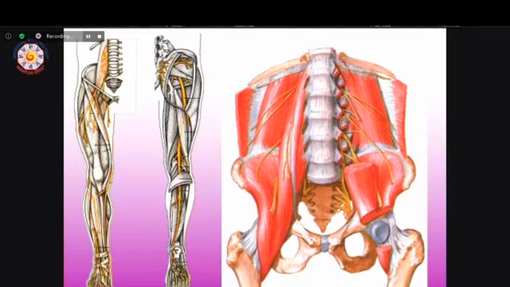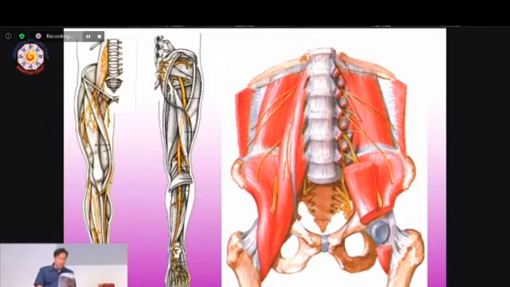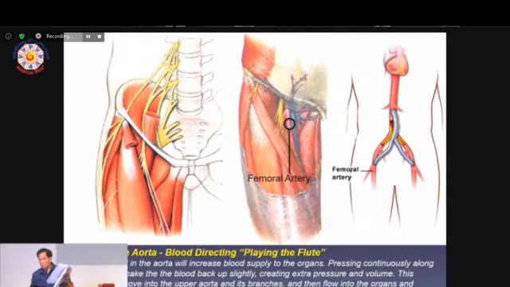Okay, so this one is a very fixed pattern for the leg pain, because the inguinal is involved so much all the way down to the leg. So this one, the inguinal.